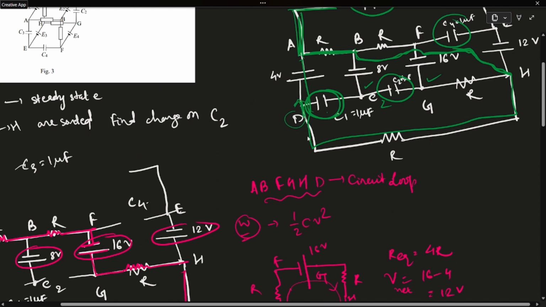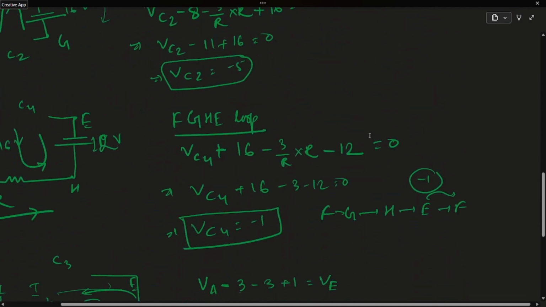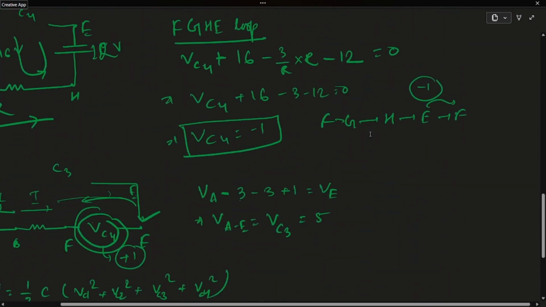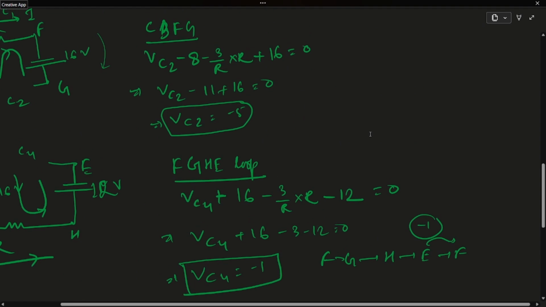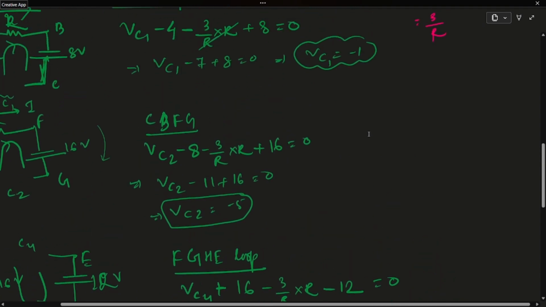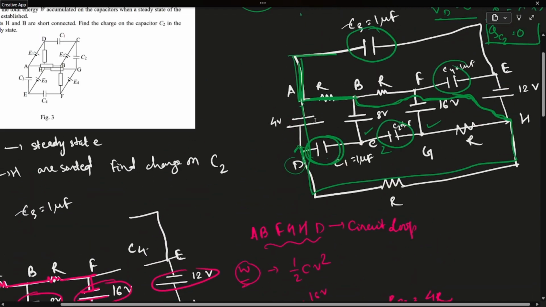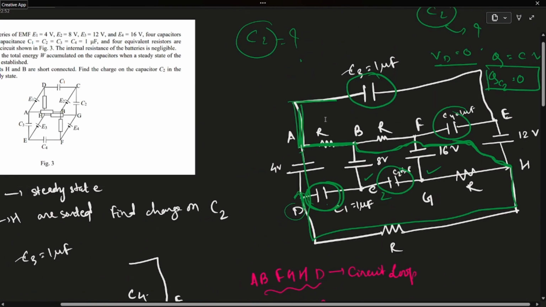The new circuit is basically this. This is the 4 volt. B to H is short circuited, so there will be no role for these batteries. So 4 volt divided by this resistor R, this resistor R.